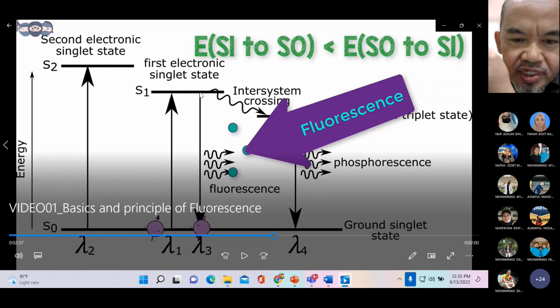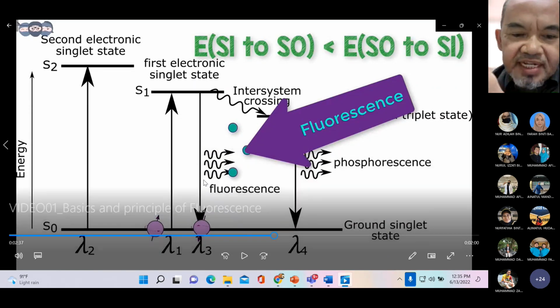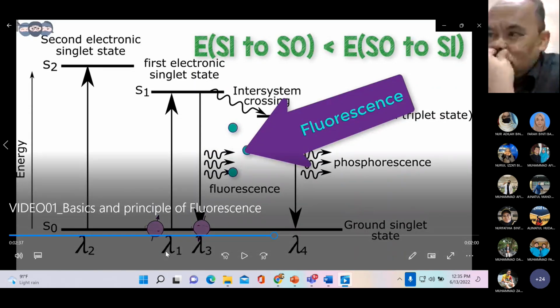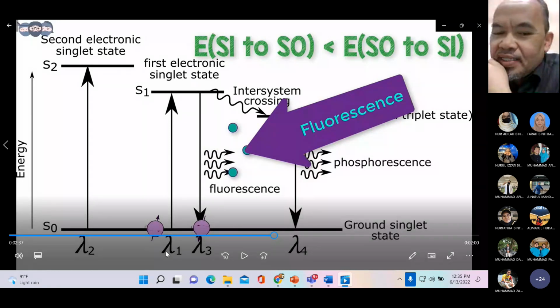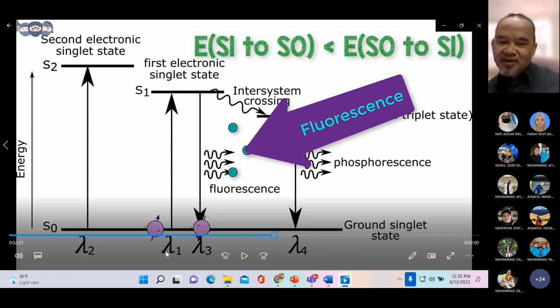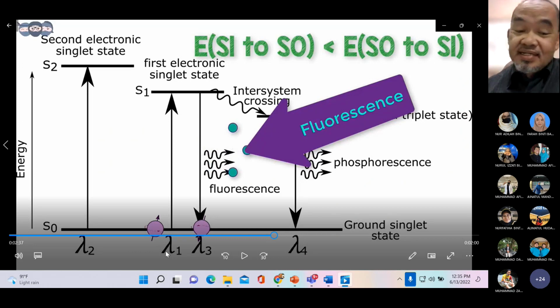Kalau 90 ni semuanya dilepaskan sebagai fluorescence, adakah fluorescence akan appear pada panjang gelombang yang lebih rendah atau lebih tinggi daripada lambda 1? Lebih tinggi sebab tenaga dia memang dah rendah. Bila tenaga rendah, lambda tinggi.